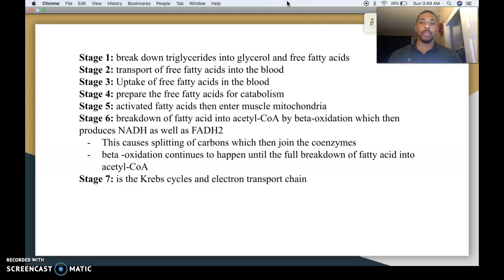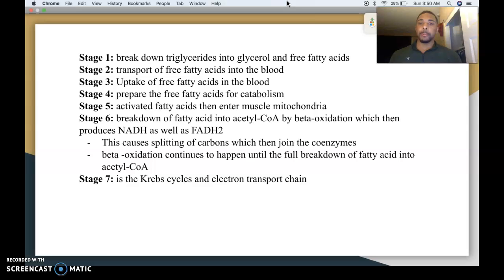Stage 4, prepare the free fatty acids for catabolism. Stage 5, activated fatty acids then enter muscle mitochondria. Stage 6, break down fatty acids into acetyl-CoA by beta oxidation, which produces NADH as well as FADH2. This causes splitting of the carbons, which also joins coenzymes. Beta oxidation continues to happen until the full breakdown of the fatty acid. Stage 7 is the Krebs cycle.